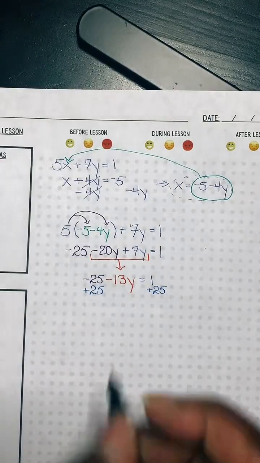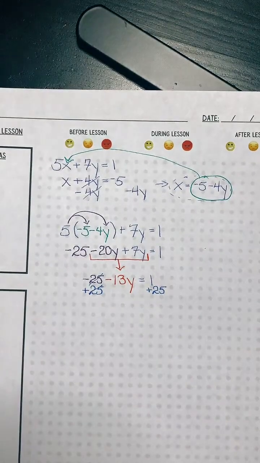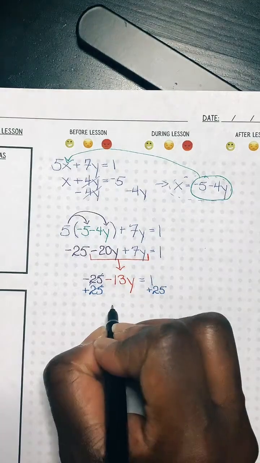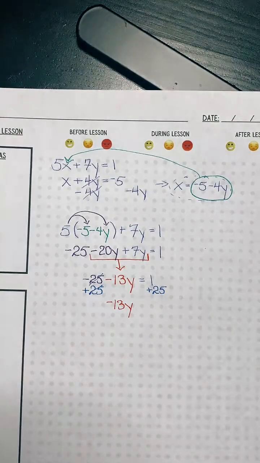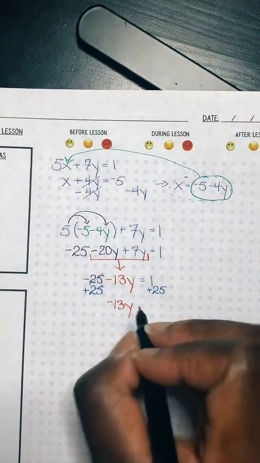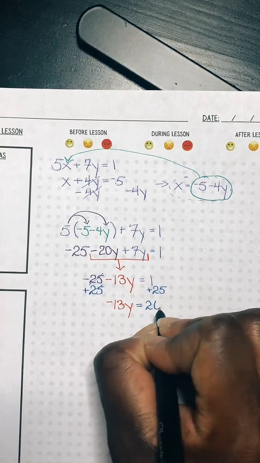Okay? So negative 25 plus 25, that gives me a 0. We're bringing down our negative 13y. And then over here is going to equal 26.